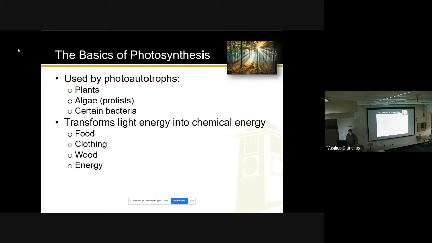All right. That chemical energy is used for stuff: food, clothing, wood, other kinds of energy, right? Coal, the energy in coal came from photosynthesis because it was plants millions of years ago converting that solar energy into chemical energy. And then those plants turned into coal. Millions of years later, we burn it and we release energy.